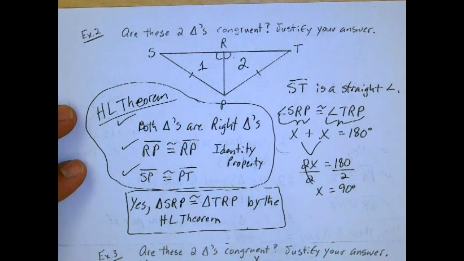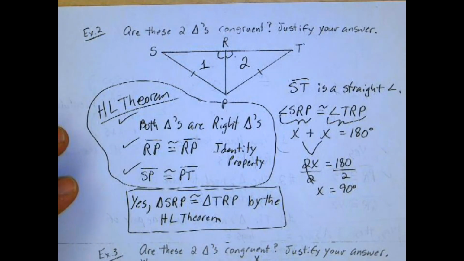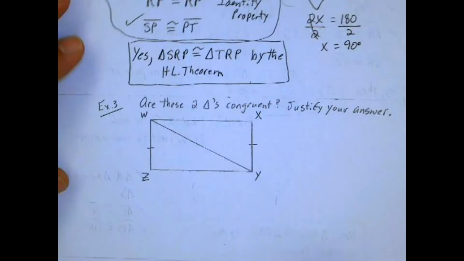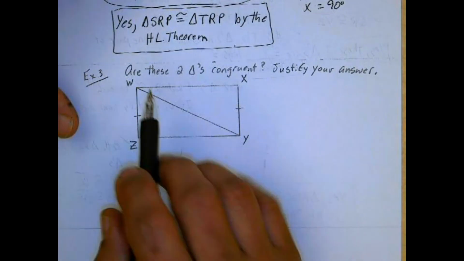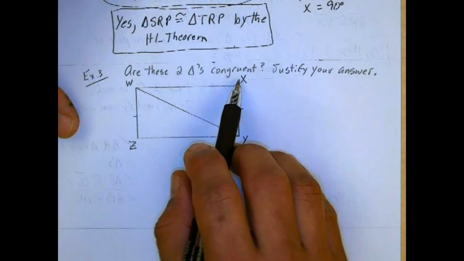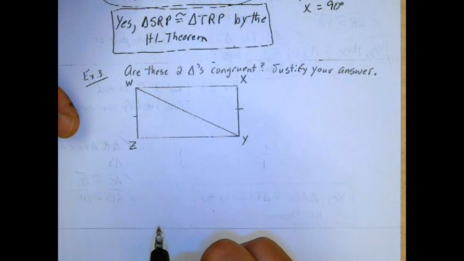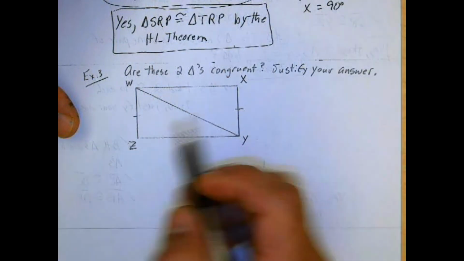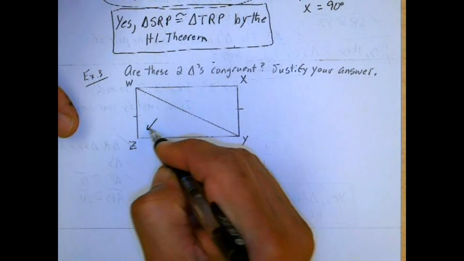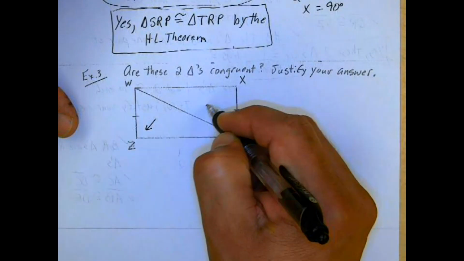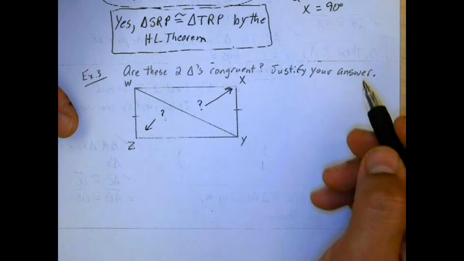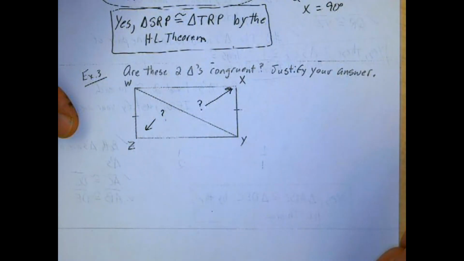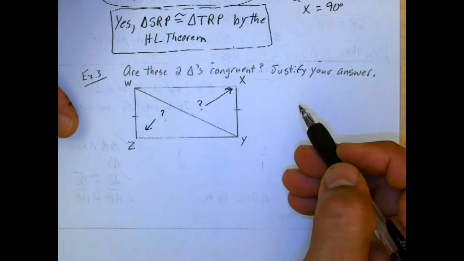We have one more example, and you know, I always tell you guys, I'm going to try and trick you with this one. Okay? So we're going to look at example number 3, and it asks, are these two triangles congruent? Justify your answer. So first things first. Do we know anything about that angle? And do we know anything about that angle? There's nothing in the book that indicates anything about those angles.